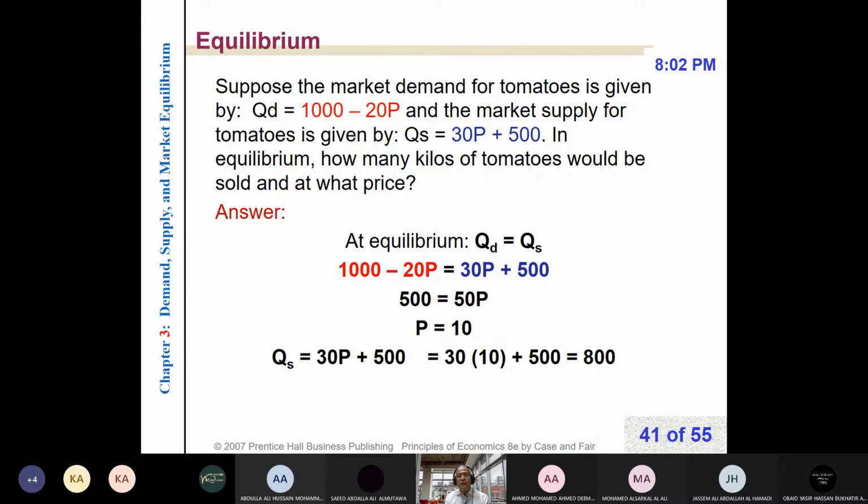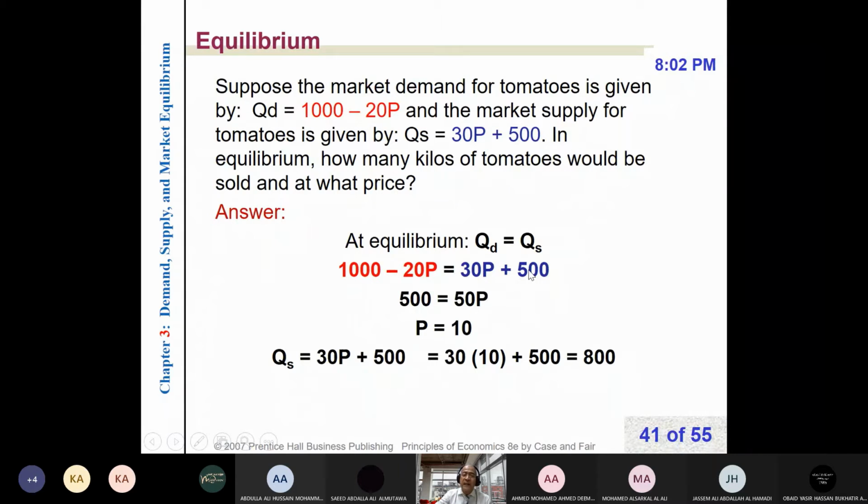So I think if you are familiar with simple mathematics, I will shift minus 20p to another side. When you shift this term to another side, this sign, minus 20, will be changed to positive. It will be 20p. So 30p plus 20p, it will be 50p. And I will shift this term plus 500 to another side.